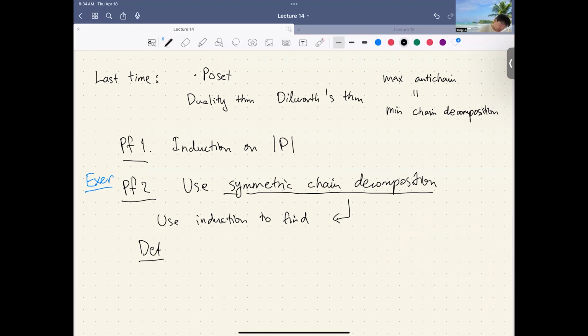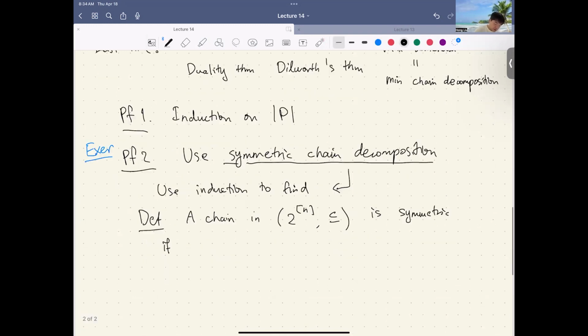So formally, a chain in the Boolean lattice with inclusion relation, this Boolean poset, is symmetric if it never... let me draw a picture.